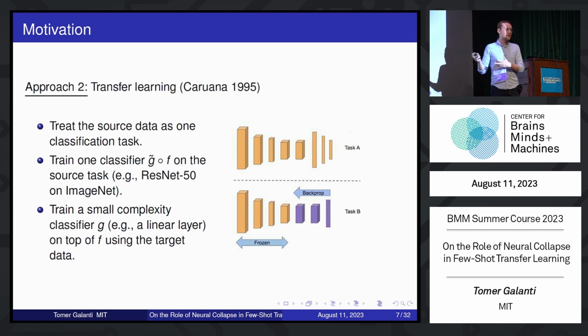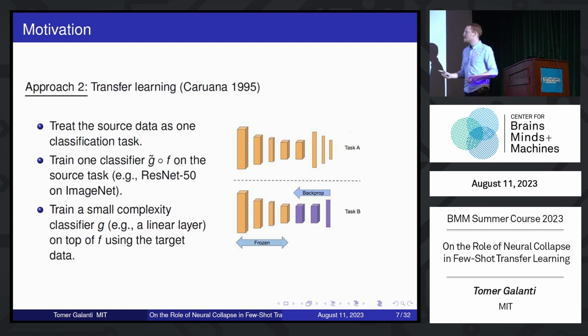And the other way to try to do transfer learning is called transfer learning, which is basically a totally different idea. We take the set of classes, the source data set, and we train a classifier on the whole data set. So we have, let's say, 1,000 classes, and we train a classifier with 1,000 classes on this data set.